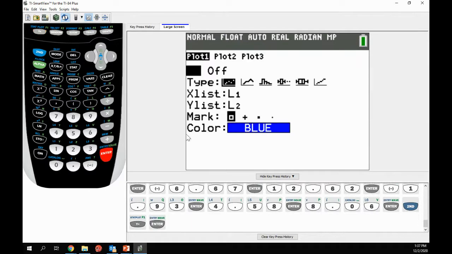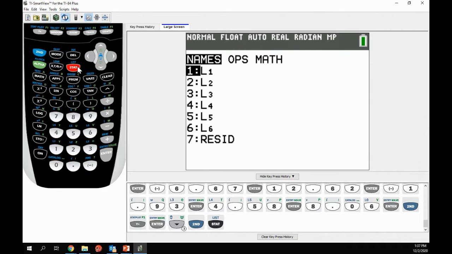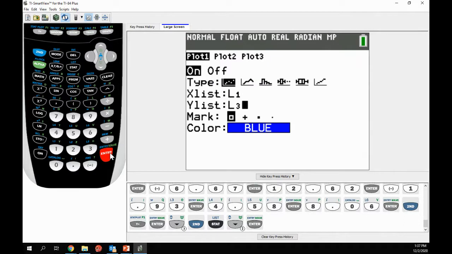Yes, plot one is on, but my y variable needs to be L3 in order for this to work right. Second three, and pick L3. So what this will do is the x-axis stays your x-axis, and then your y-axis is now your residuals, which is what we want.